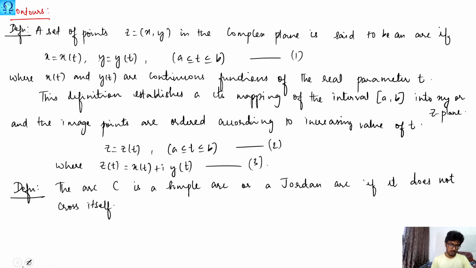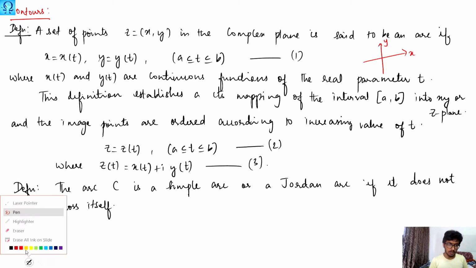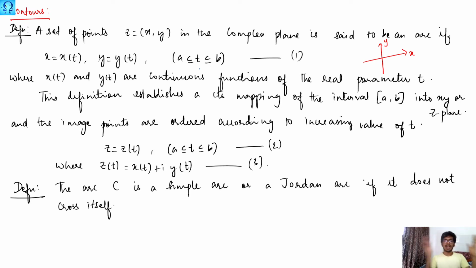If I give you some pictorial representations, you can easily view these things. This is my xy plane, and an arc means I have to collect a collection of points. I choose some interval, and based on that interval I identify some x(t) and y(t). With those, I collect some points in the xy plane, and that set of points I call an arc.